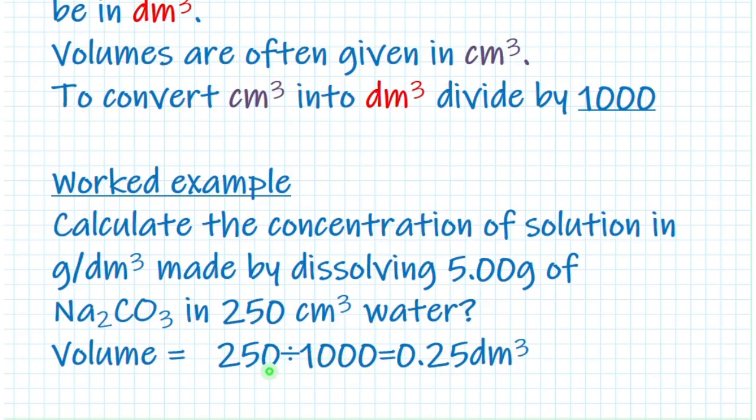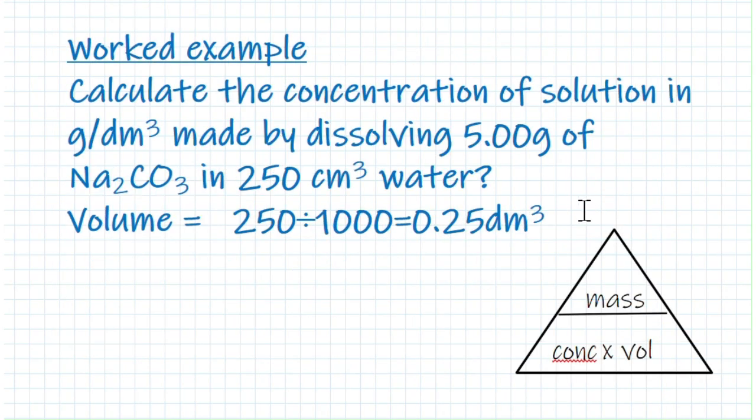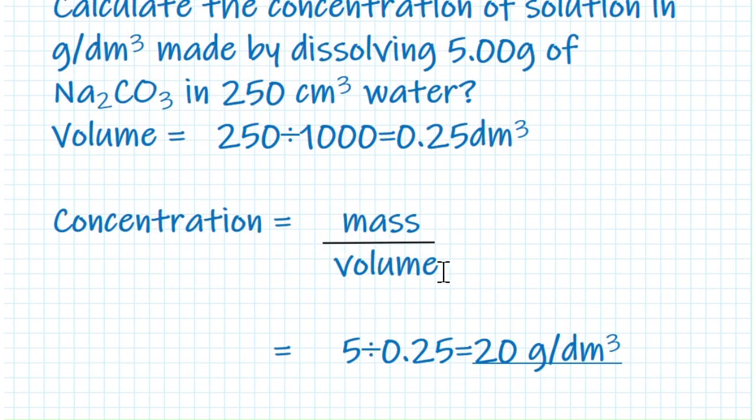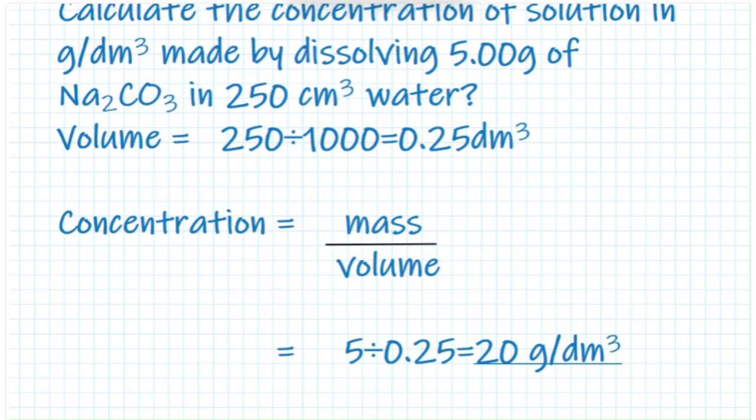So we do 250 divided by 1,000, and that gives us 0.25 decimeters cubed. Then we can set up a formula triangle, with the mass on top, and conc times volume on the bottom. So the concentration is the mass divided by the volume. 5 divided by 0.25, 20 grams per decimeter cubed.